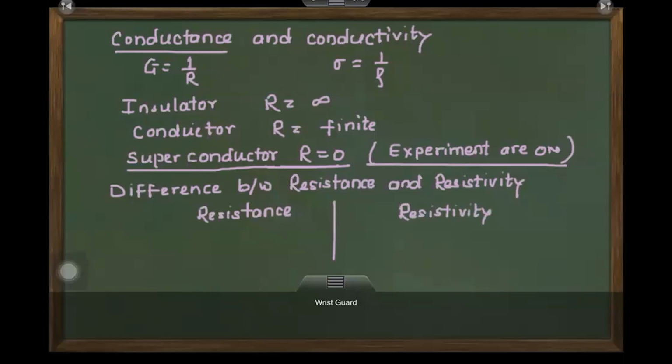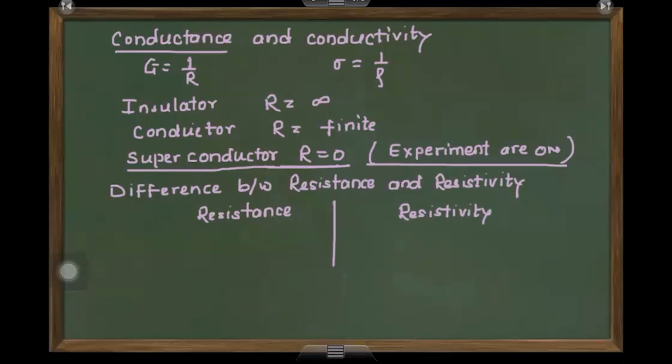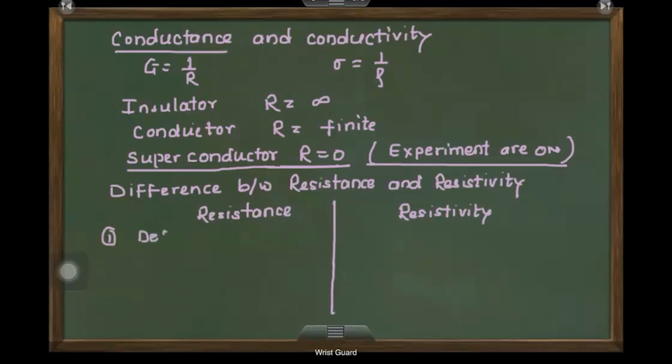I'm not going to write it in detail. You can write it in your notebook on your own. The first one will be definition. And the definition is what? You can write the numerical definition even. The ratio of V and I according to Ohm's law is called resistance.